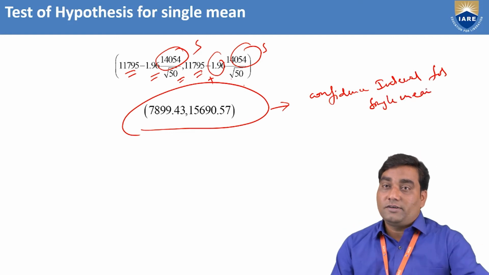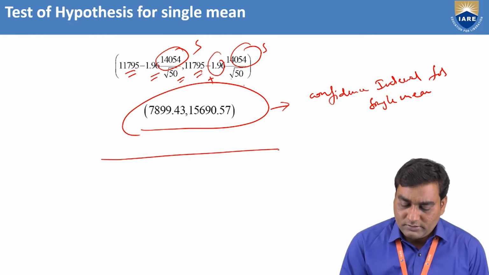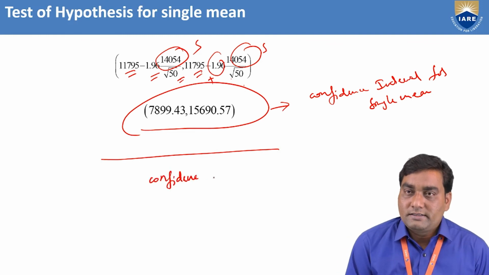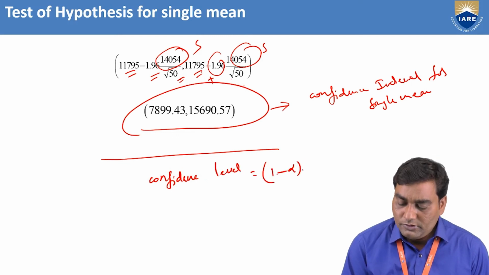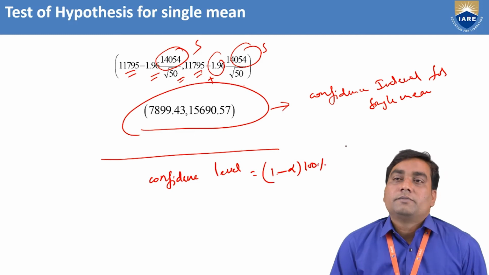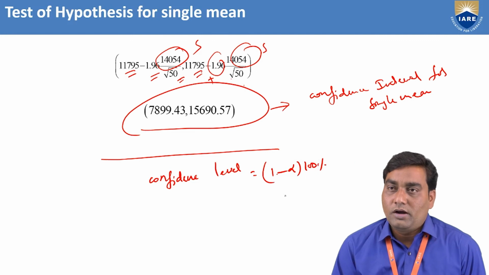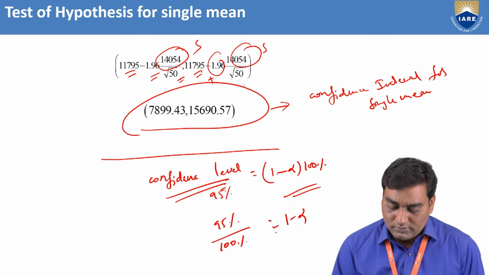At 95% confidence level, nothing but 5% level of significance, because the confidence level formula is equal to 1 minus alpha into 100%. Suppose it is 95% confidence level, so 95% by 100% equal to 1 minus alpha.